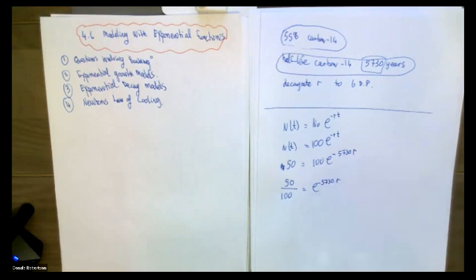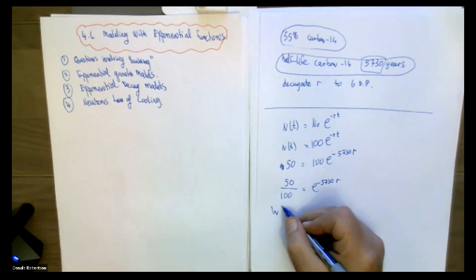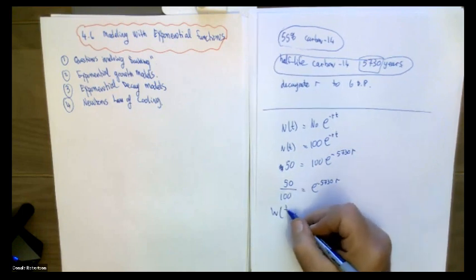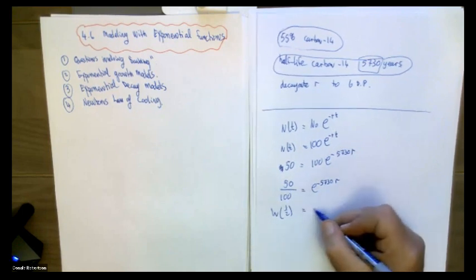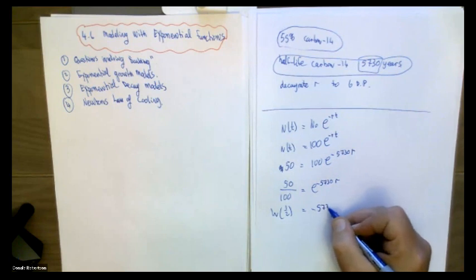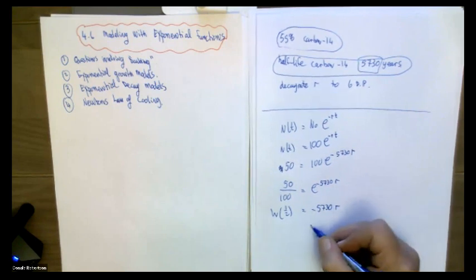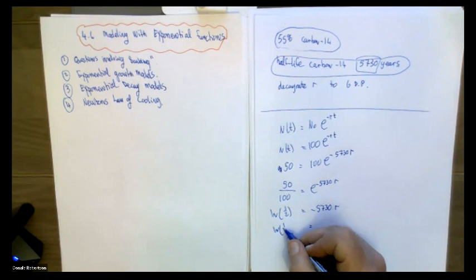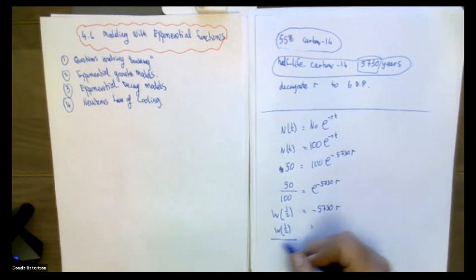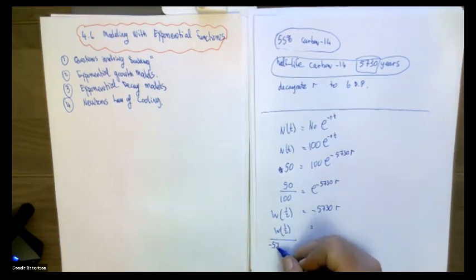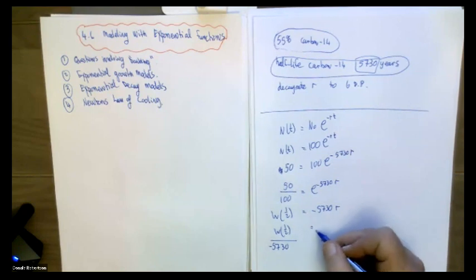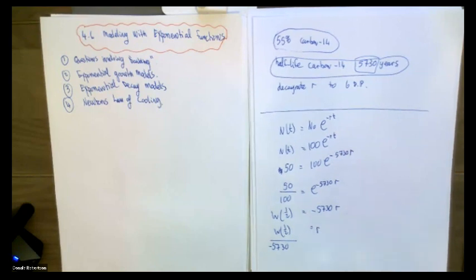Take the natural log of both sides. I can call it ln of a half, it's quicker. And now I'm going to divide both sides by negative 5,730, and we will have the relative growth rate.